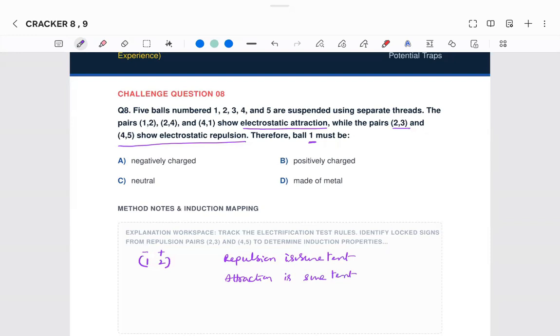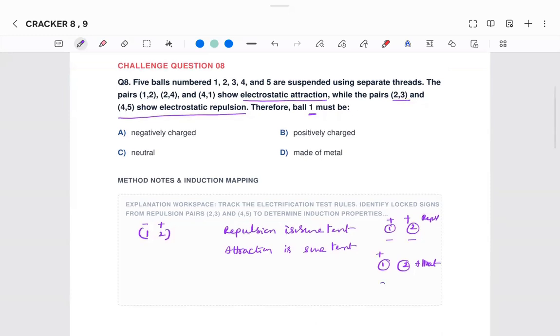If 1 and 2 repel, both can be positive or both can be negative. But if 1 and 2 attract, it means one is positive, but you cannot say 2 is negative.